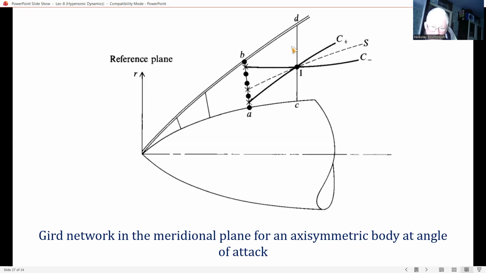Let C plus, C minus and S denote the projection on the reference plane of the Mach cone and streamline through our point 1. Extend these characteristics upstream until they intersect the data line AB, okay, at the cross marks. Data at these cross marks are obtained by interpolating between the known data at the solid circles.